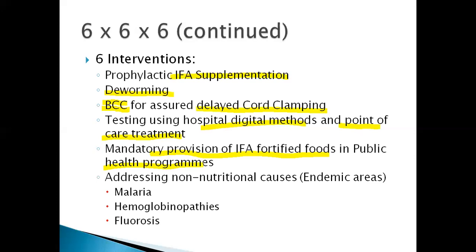So, as an example, this shows why the mandatory provision of IFA fortified foods in various public health programs is so important. And finally, we have to address the non-nutritional causes which are prevalent in their respective endemic areas, the chief ones being malaria, the various hemoglobinopathies like sickle cell disease, and fluorosis.